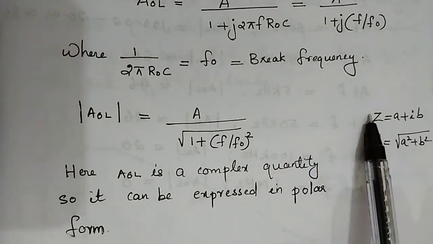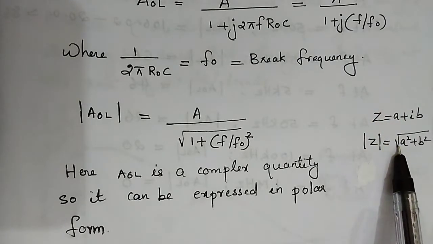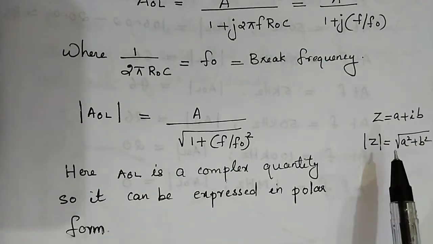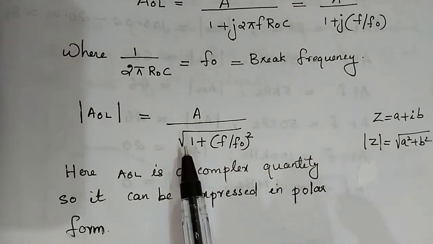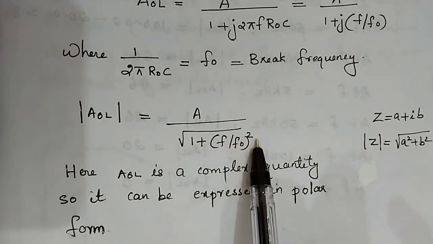So, the modulus value of this complex number can be written as mod Z is equal to root of a square plus b square. It is a polar form. So, this denominator can be written in the polar form as root of 1 plus (F by F0) the whole square.